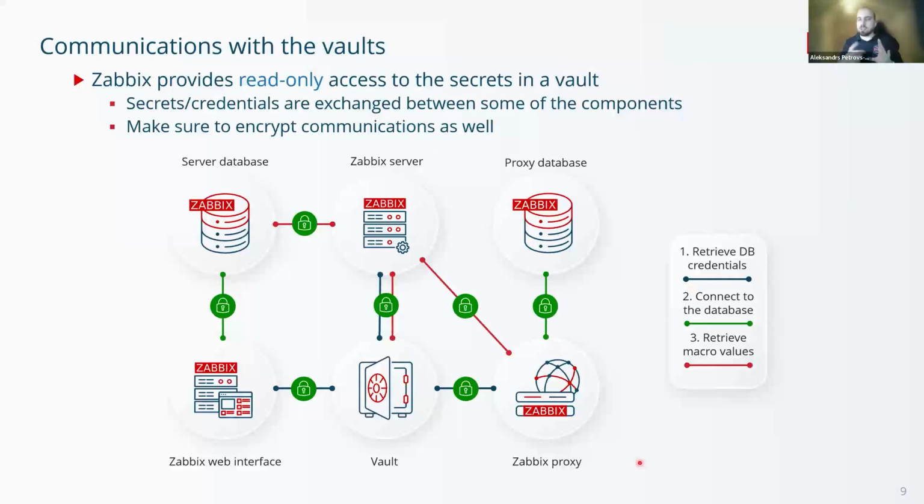So nobody can actually just silently listen to your traffic, and then silently get the database credentials out of that traffic. Make sure to encrypt the communications as well, so your data will be as secure as it should be, without leaving any possibility of somehow getting to those database credentials.